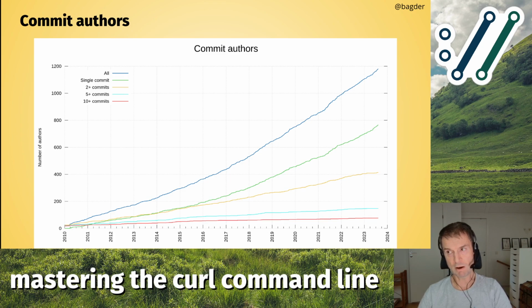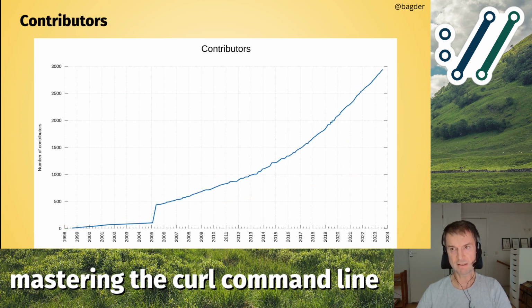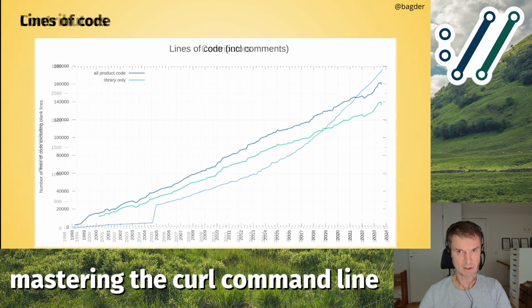The top blue graph plot here shows the number of committers in the project since the beginning, soon reaching 1,200. Committers being someone who has authored code or a part of something that has been merged into Git. And just counting people who have contributed, that number is approaching 3,000 soon. That also includes people who have reported bugs and so on.